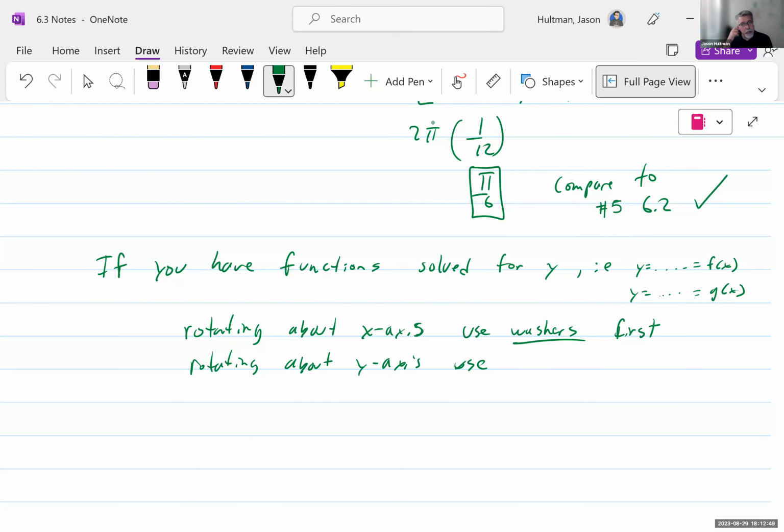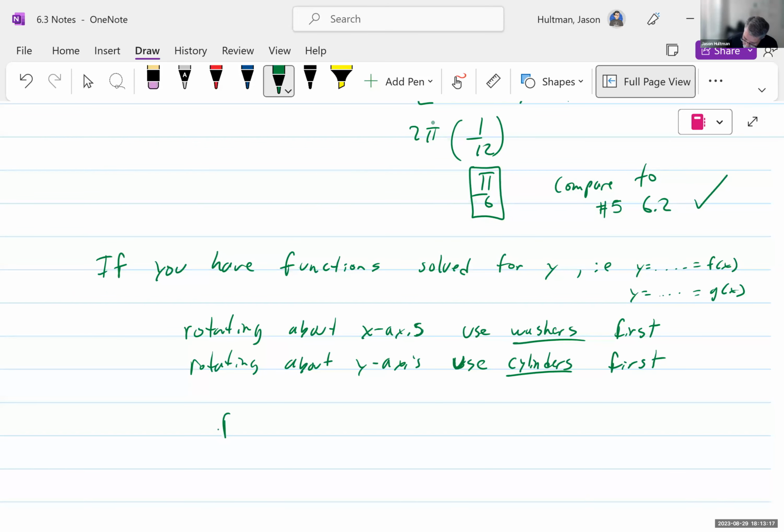But again, it's just a general rule. It's basically use washers first. And if you're rotating about the y-axis, what do we want to do? Use cylinders first.